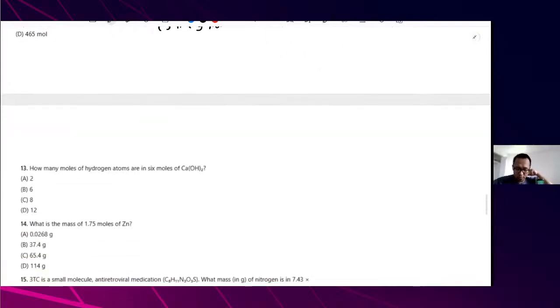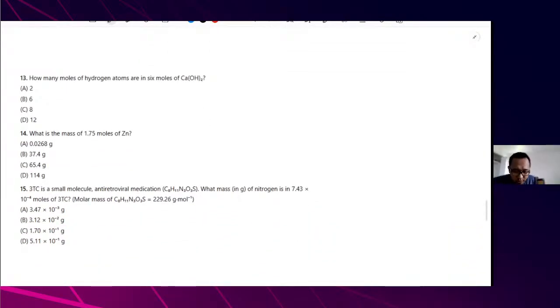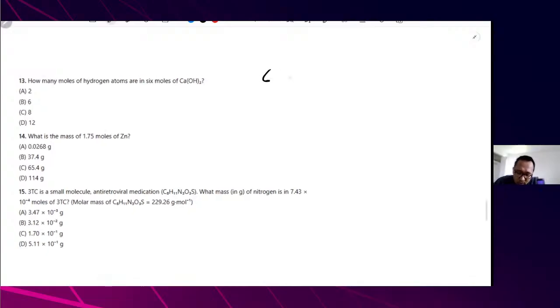So good, you're good. How many moles of hydrogen atoms are in 6 moles of Ca(OH)2? So 6 moles of Ca(OH)2, and hydrogen atom is 2.